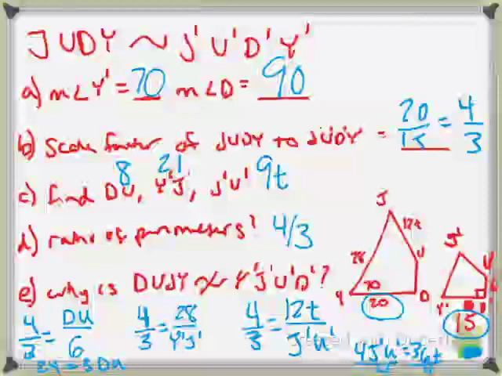And the last question says, why does DUJY not create a similar figure to Y prime J prime U prime D prime? So in other words, why does the order of the letters matter? Why can't I just shuffle around the letters and name them whatever I want?